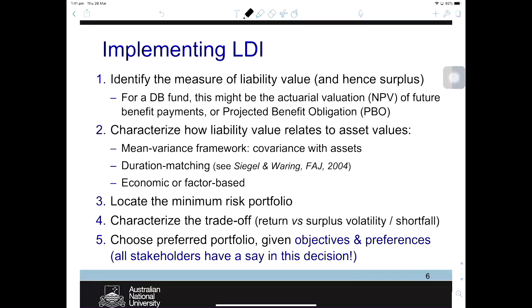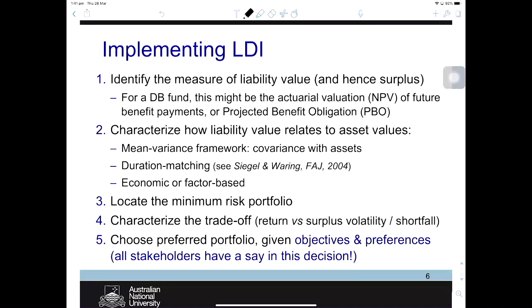Another method to characterize the interaction of the projected liability and the assets within the portfolio is by looking at different pairs of matches. That's the trade-off of how well the assets are going to match the liabilities by duration match.